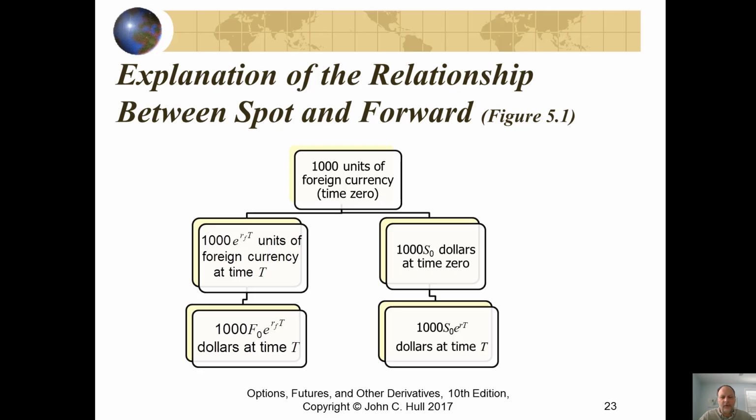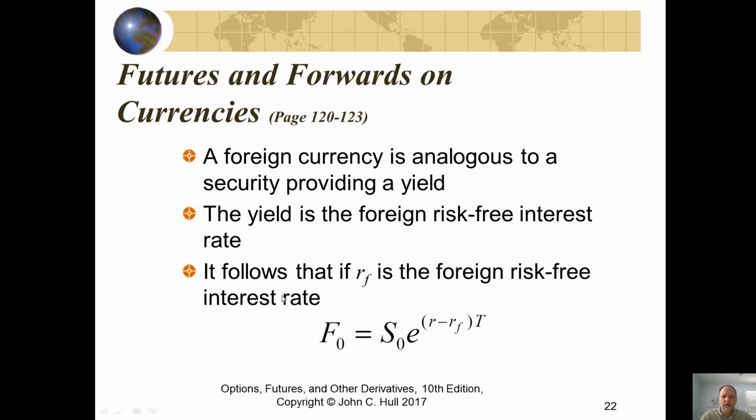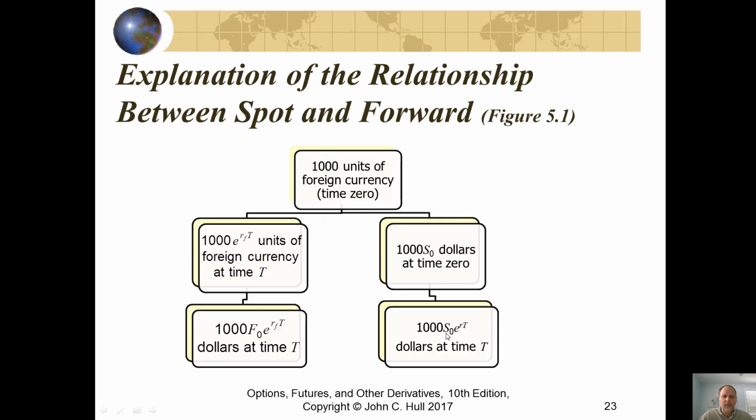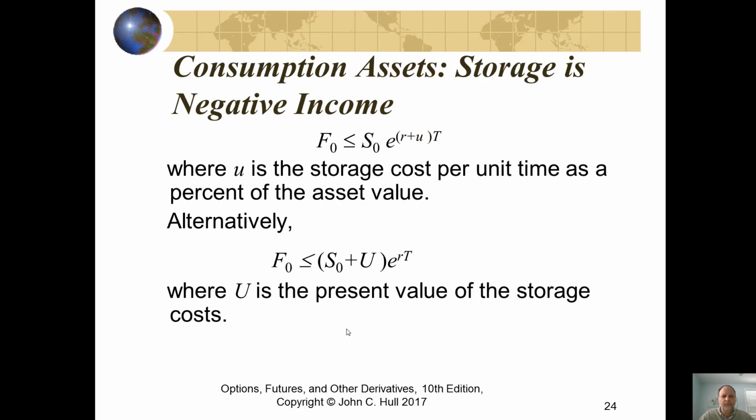If we cancel the 1,000 on each side, we are left with F0 equals S0 e^((r-rf)T), the formula we showed on the last page. So since both of these are risk-free investments, that formula has to be true.